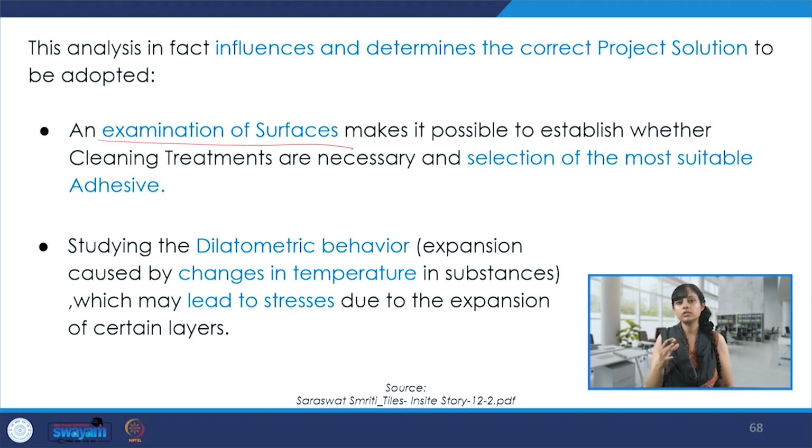Also, it is very important to study the behavior of the material of the tile and the expansion caused by changes in temperature, which may lead to stresses due to expansion of certain layers. So these are all scientific and technical aspects, and to understand this behavior is also important.